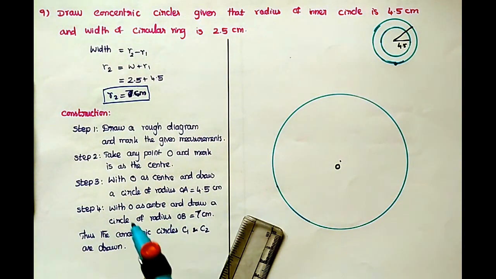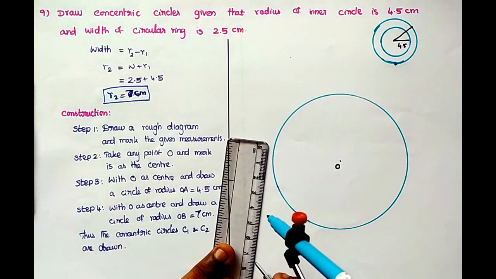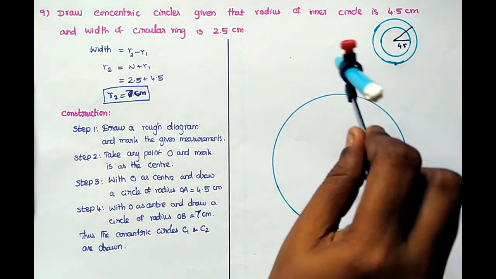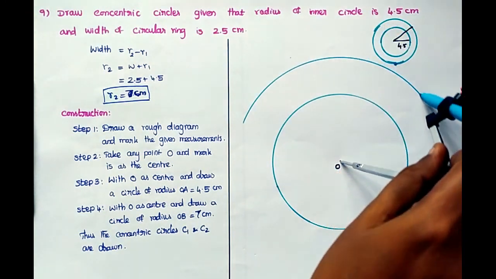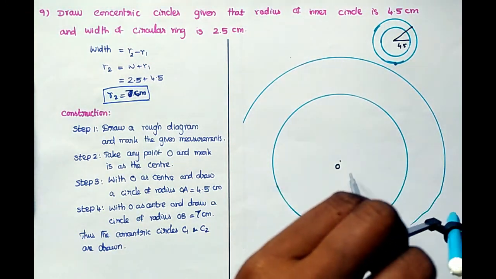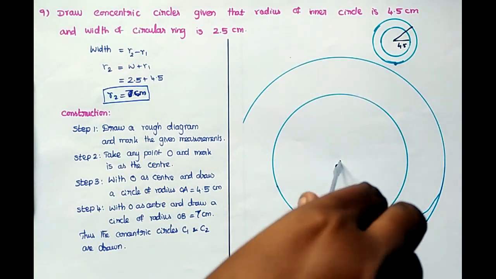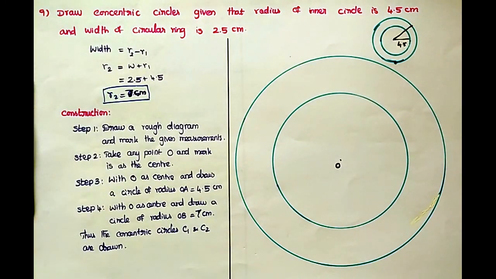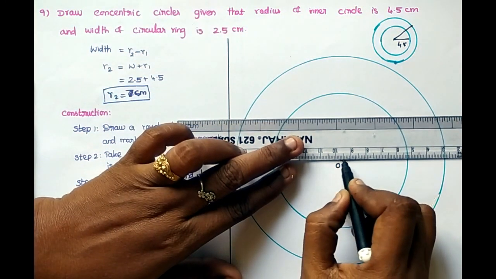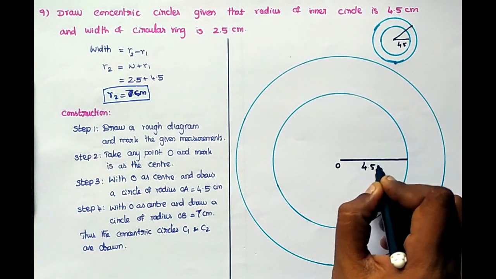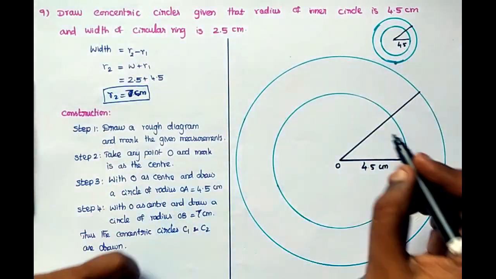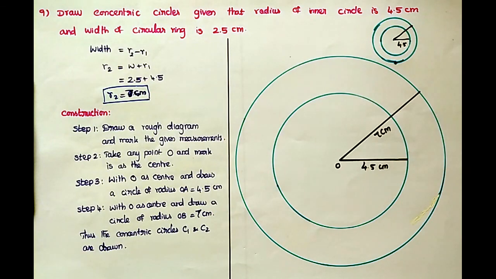With the same center, measure 7 centimeter as the radius and draw a circle. Now write R1 is 4.5 centimeter, and R2 equal to 7 centimeter. So that is the answer.